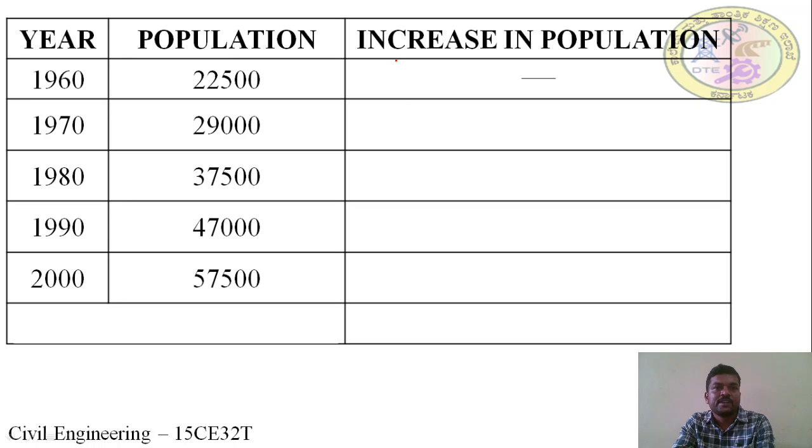Next, we need to find out the increase in population for the year 1970. The increase in population for 1970 is equal to the difference in population between 1970 and 1960. That is, 29,000 minus 22,500, which is equal to 6,500.